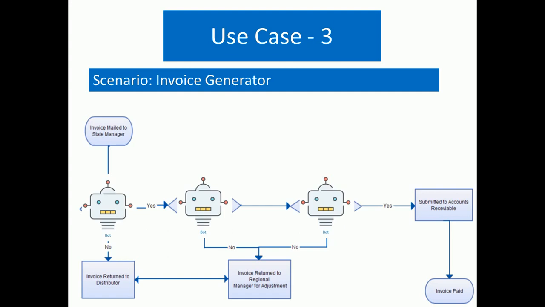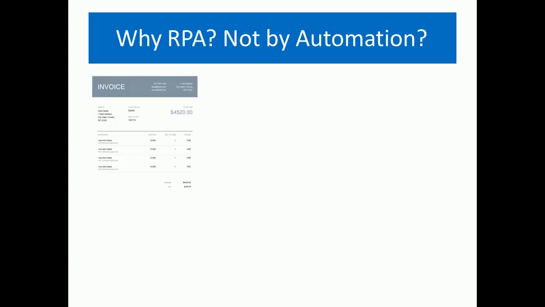Yes team? Okay. Now say for example there is an invoice, right team? We are trying to understand the difference, why RPA and not just automation. So there is an invoice in PDF format, might be in image format, and I want to extract the data from this PDF, say for example the invoice number and some amount.